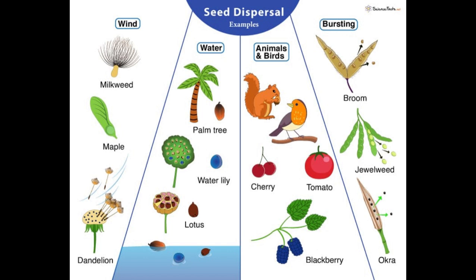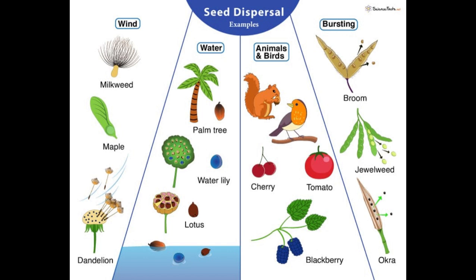Some seeds have evolved a popping mechanism for short distance dispersal. As the seed matures, the pod or husk dries out and may start to shrink around the seeds. After it shrinks so far, it may pop and scatter the seeds around.